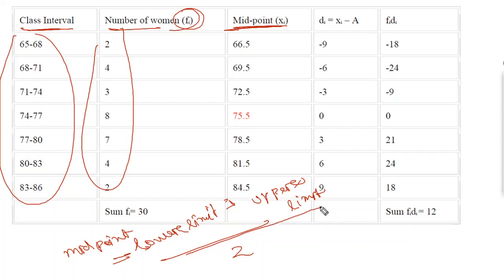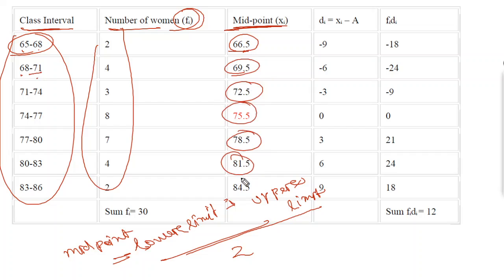Okay? So 65 plus 68 divided by 2 will be equal to 66.5. 68 plus 71 divided by 2 will be equal to 69.5, and so on. You have to find all the midpoints.